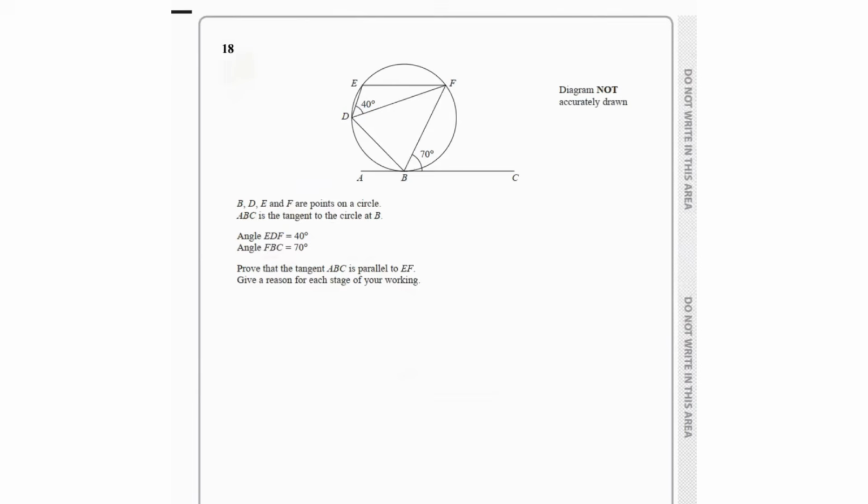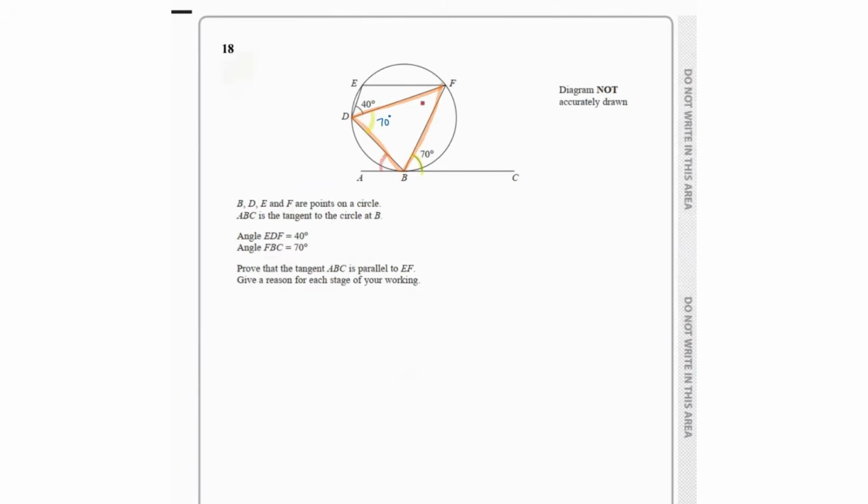We need to first realize that this is a triangle inscribed in a circle. If there's a triangle inscribed in a circle, all 3 vertices are touching the circumference of the circle, we can use the alternate segment theorem. Based on the alternate segment theorem, this angle is going to be the same as this one. So this is also 70.